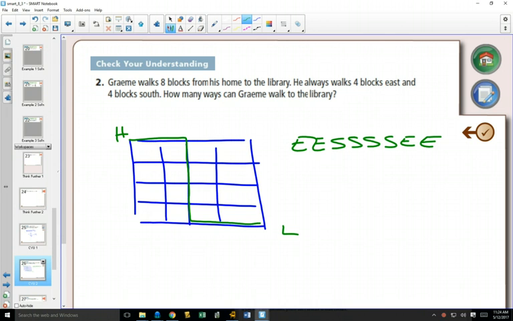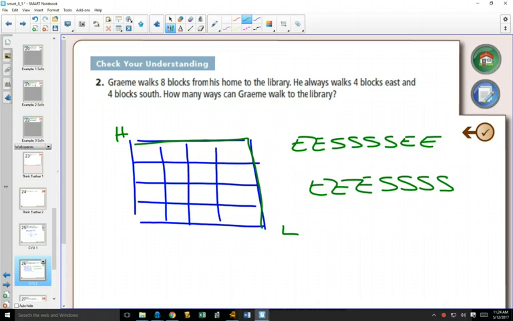If we make all the easts E's and all the souths S's, can you see that the path that I just drew is EEEESSSS? Yes? I mean, you could also have, right, what was the very first route that we took? ESESESES. And that would be a different route than EEEESSSS.